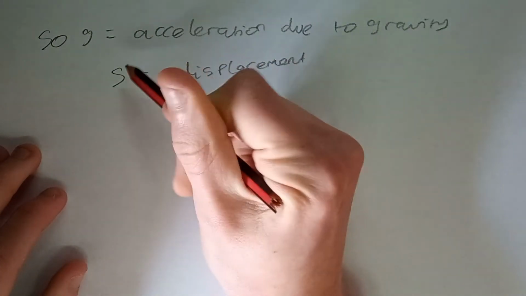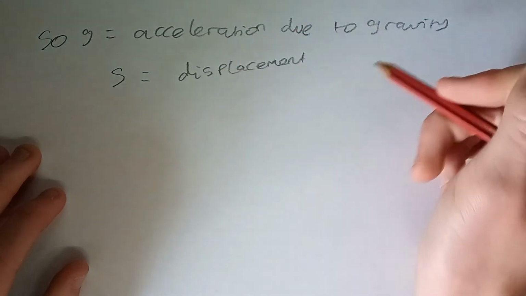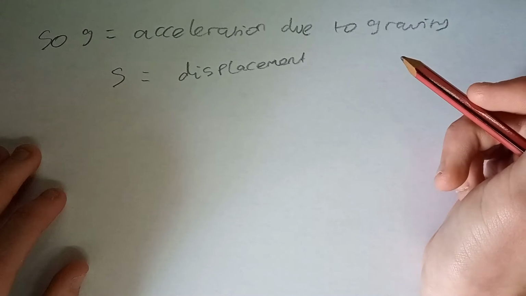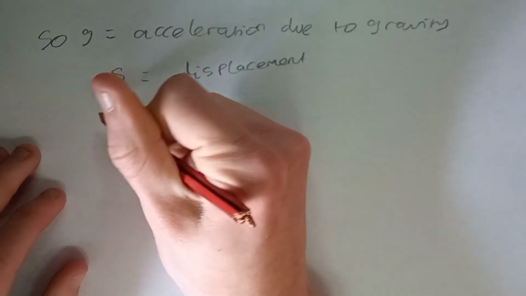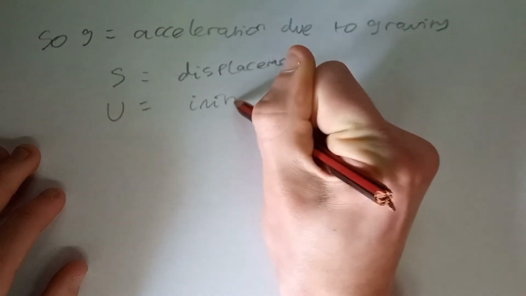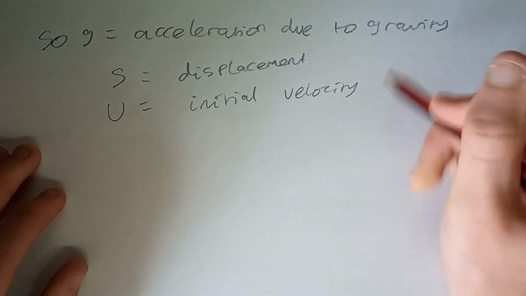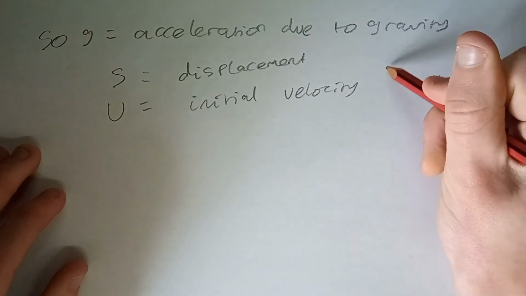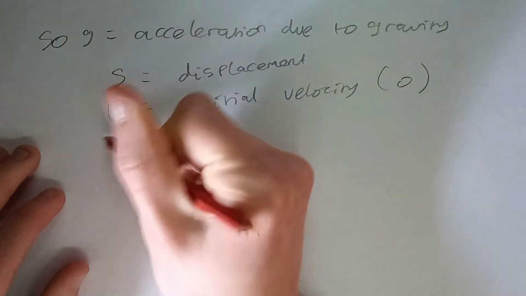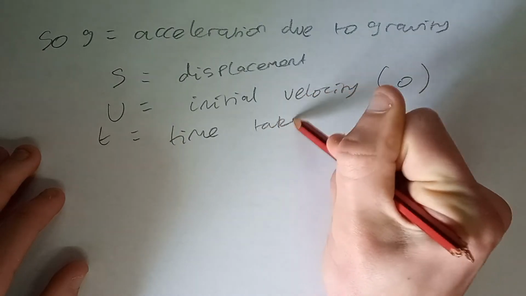So s is the displacement, that's the height above the ground that you're dropping it from. The higher you can find, the better, basically. And then you have u, which is the initial velocity, which in this case is 0, so we can ignore that. And you have t, the time taken.